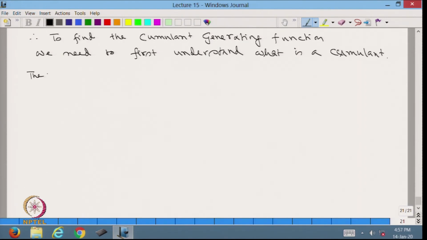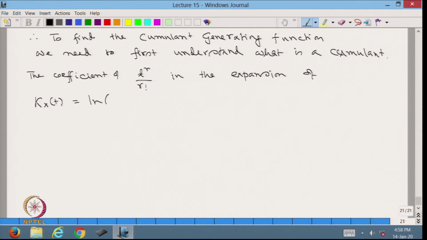The coefficient of t to the power r upon r factorial in the expansion of K_X(t), which is equal to log of M_X(t), is called the rth order cumulant.